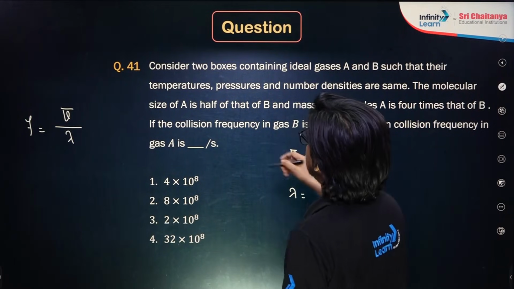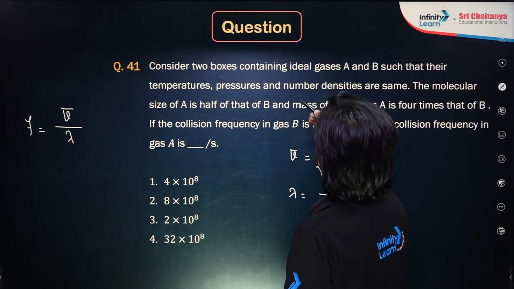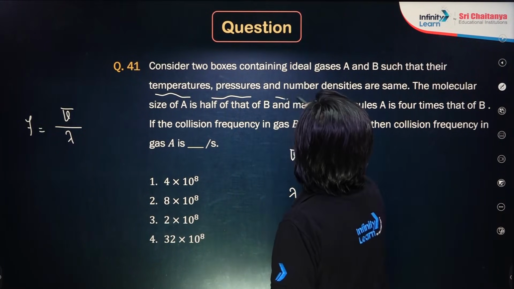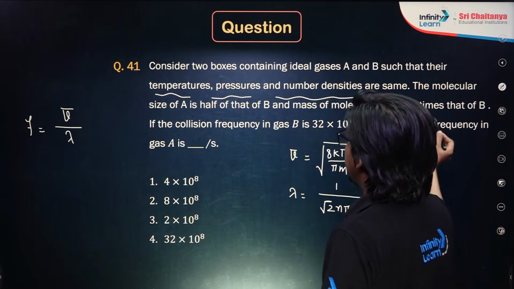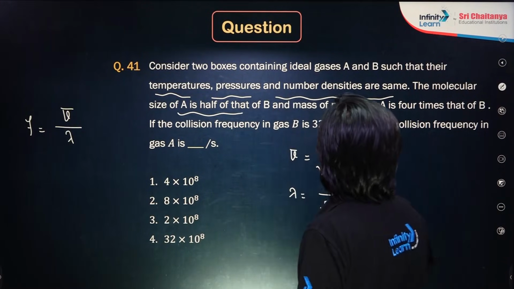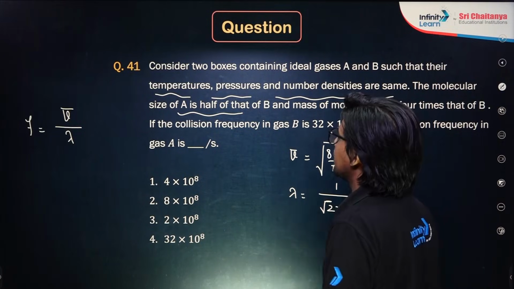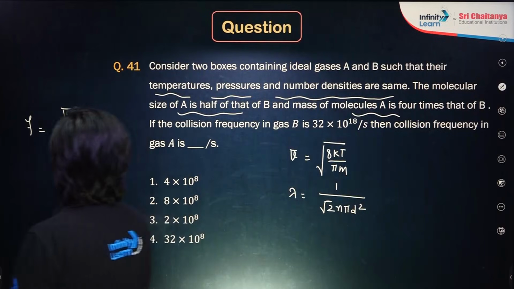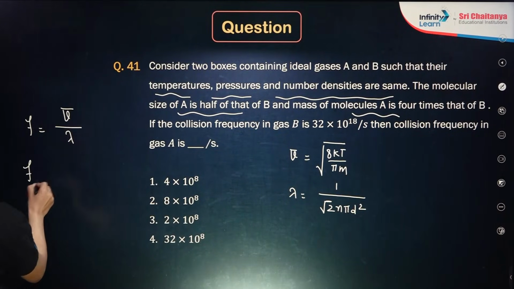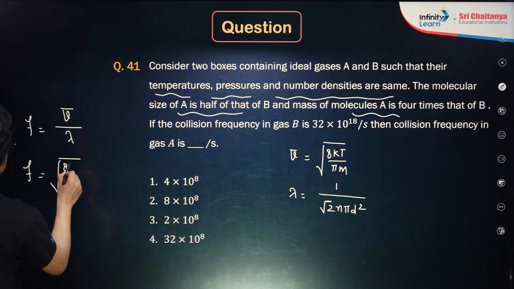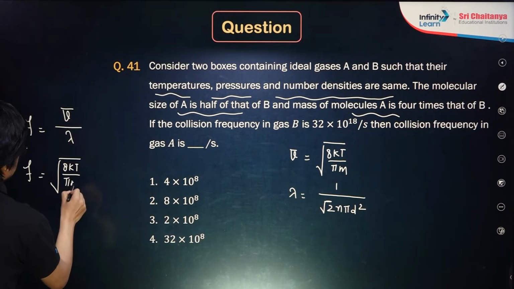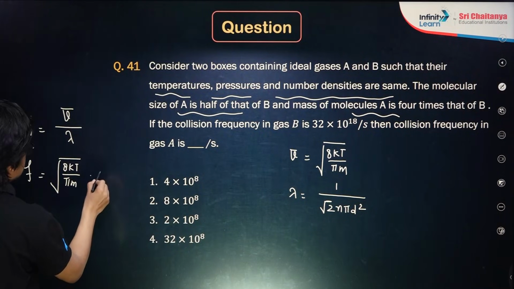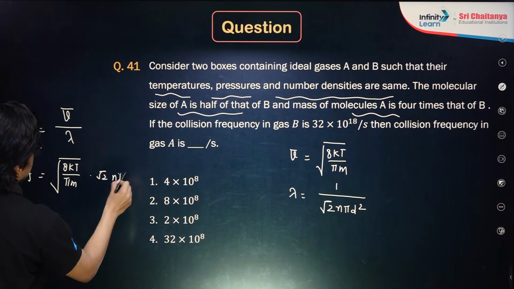If the temperature, pressure and number densities are the same, and the molecular size of A is half that of B and the mass of the molecule of A is 4 times that of B, then the frequency is equal to square root of 8kT by pi m, times 1 by lambda, which is square root of 2 n pi d square.